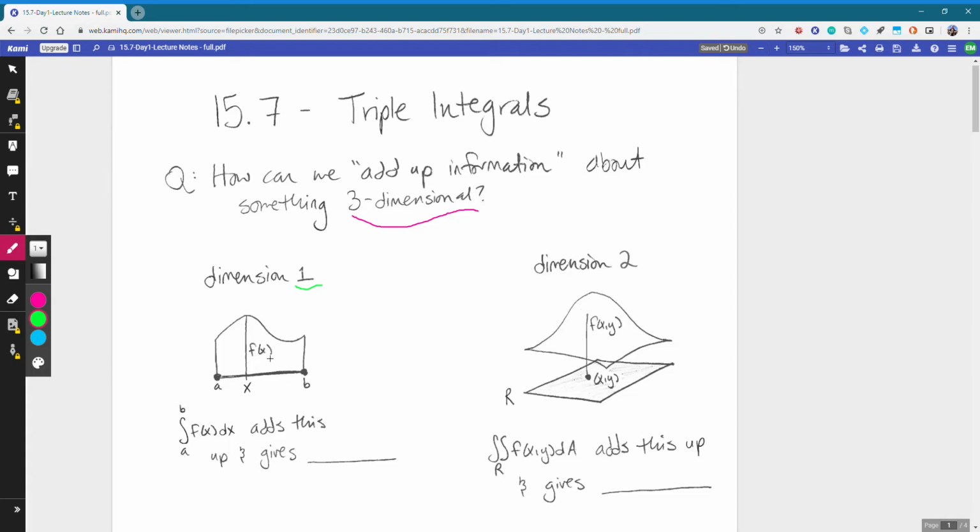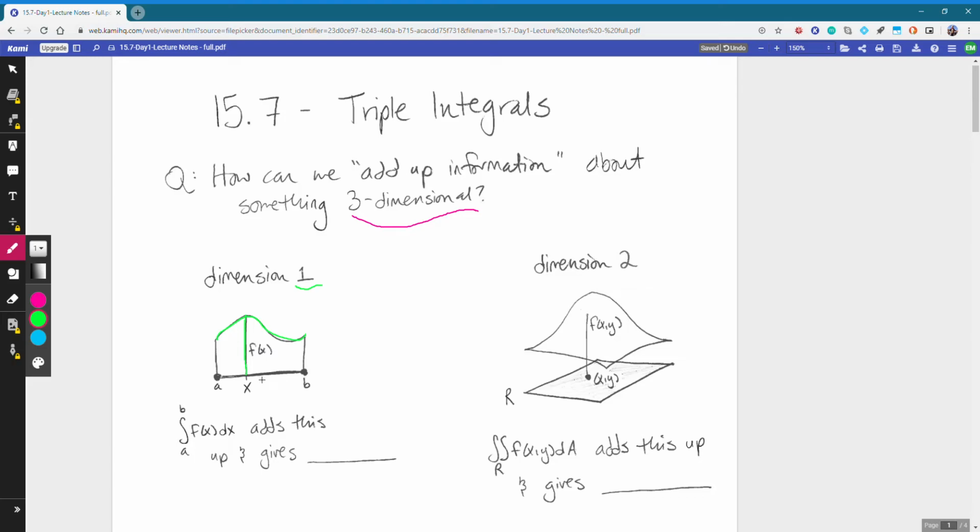F of x we can think of as our information that we have at x. And so attached to this x, we can stand up maybe like a little stick attached to that interval. And if we go through and stand up these sticks, each x in our interval, then what we actually get is the graph of our function.